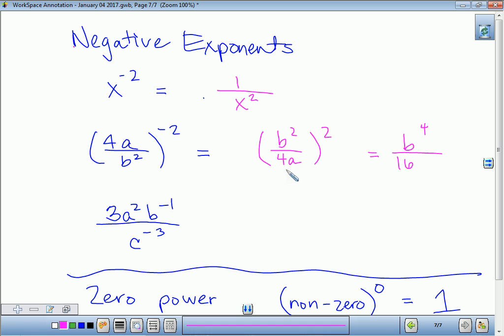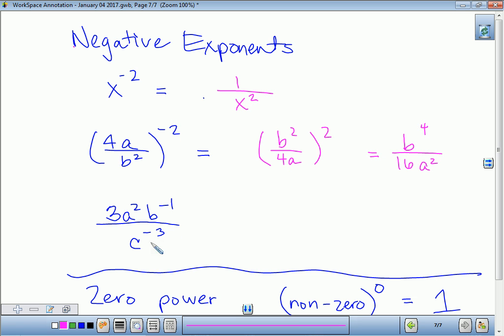And the a also is squared. And that's the simplified answer. If we just have a term raised to a negative exponent, it becomes the fraction. If we have a fraction raised to a negative exponent, everything gets flipped.